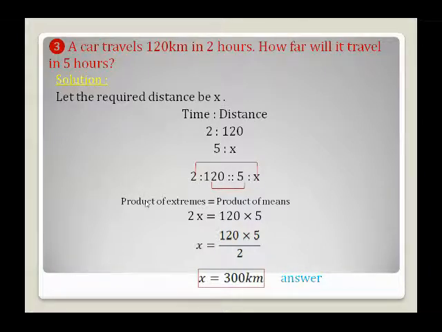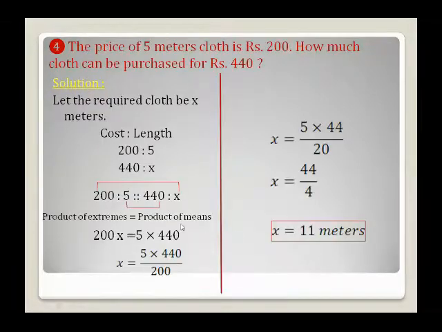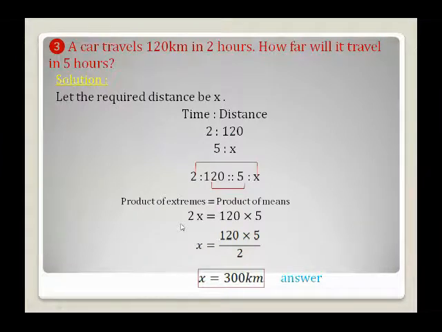We use the same formula, which is the product of extremes is equal to the product of means. Now the product of extremes is 2 multiplied by x is equal to the mean values, the middle values. So 120 is multiplied with 5. After some simplification, we divide by 2: 120 multiplied with 5 and divided by 2.